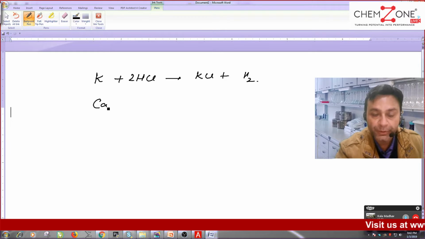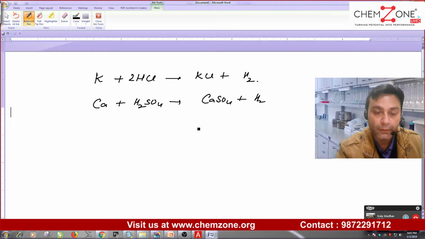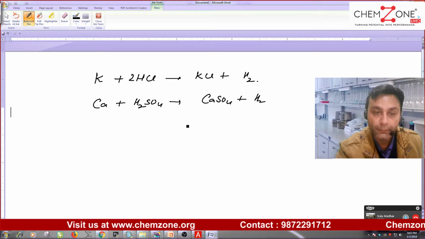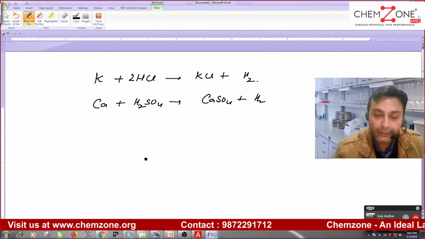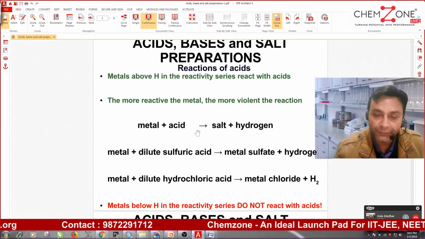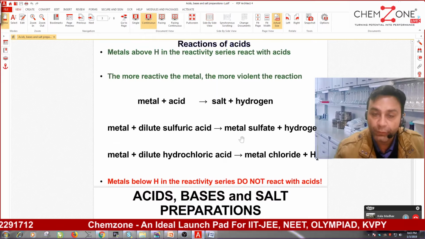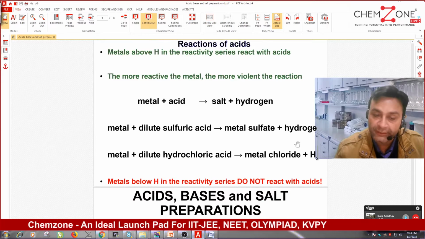Let it be calcium, that will react with sulfuric acid. So all the metals which are above hydrogen in the reactivity series react with the acid and form salt and hydrogen. With sulfuric acid they form metal sulfate salt and hydrogen gas.